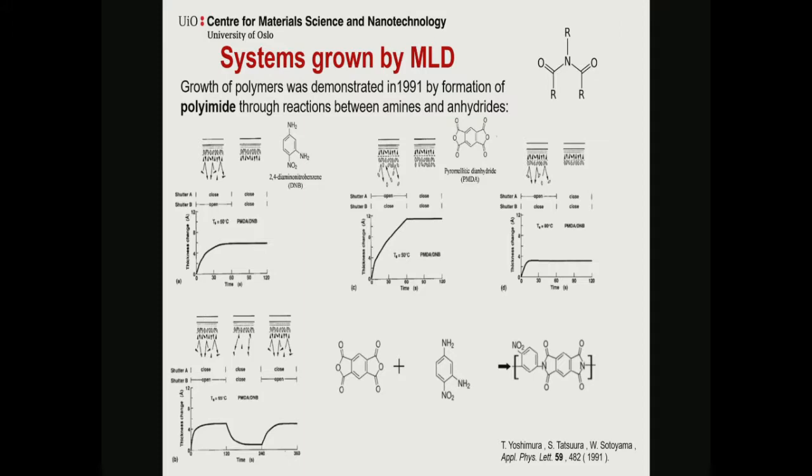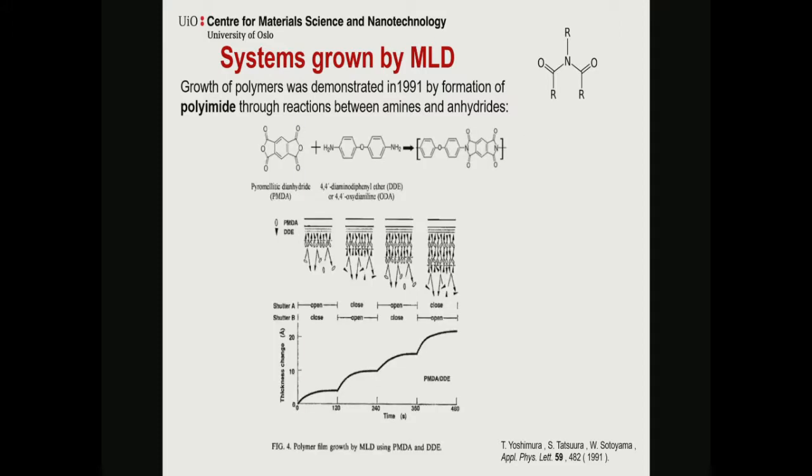Okay, that's a bit more cumbersome to have a fluctuation in temperature during deposition, but it is possible. It isn't impossible. But by flipping this chemistry here over to this type of diamine, they could do it all at one temperature and get these nice saturation steps.